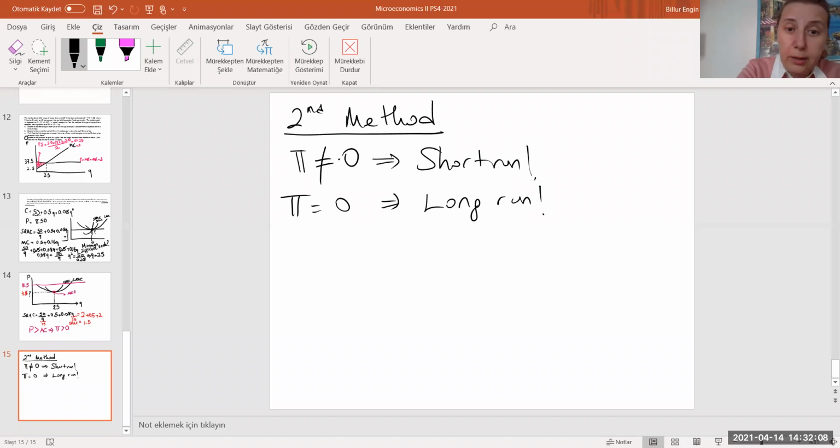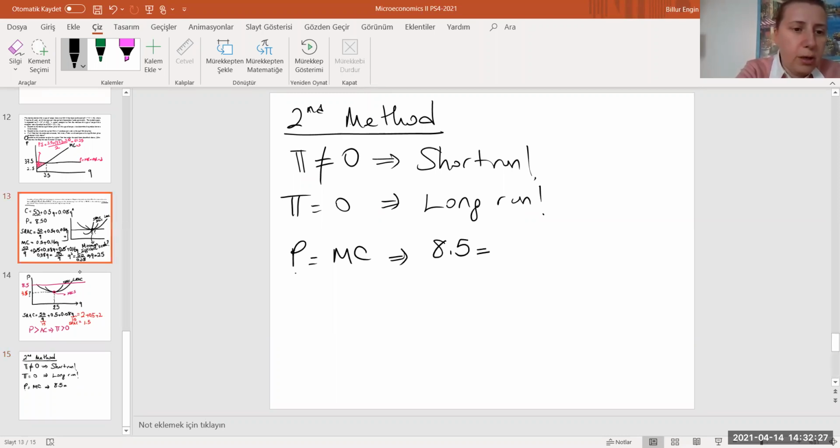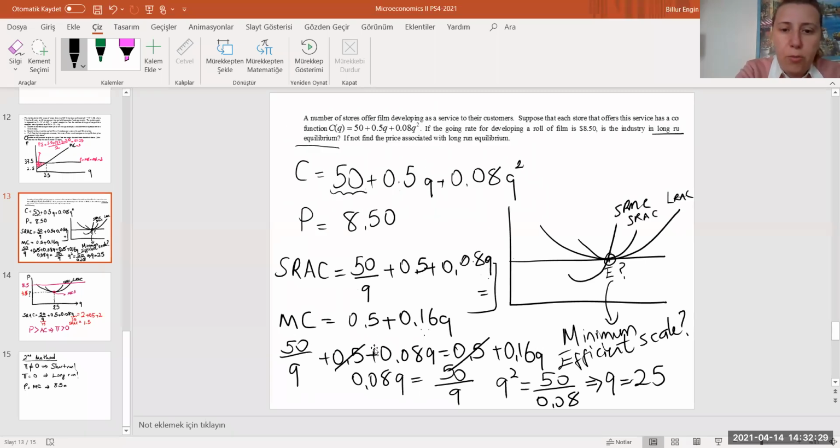So to find the profit level, firstly, we need to find the profit maximizing level of output. So we will equalize price to marginal cost to find the profit maximizing level of output. Price is given as 8.5 and the marginal cost function that we found here, 0.5 plus 0.16.